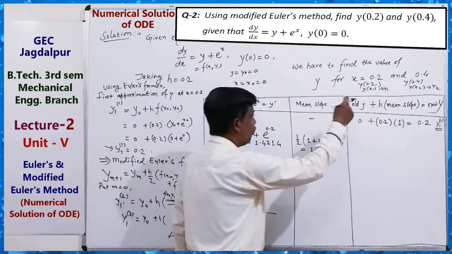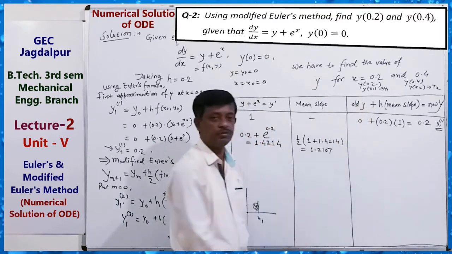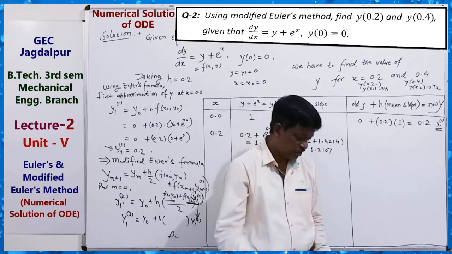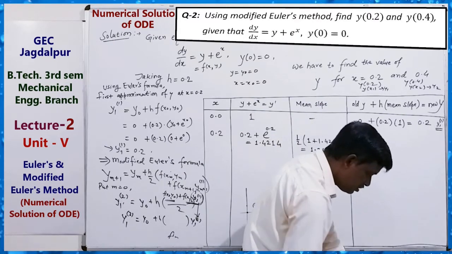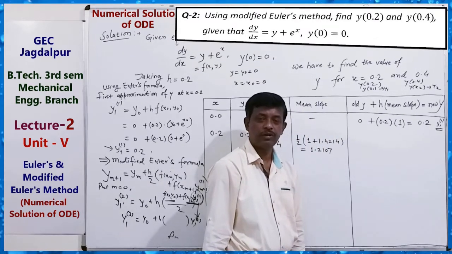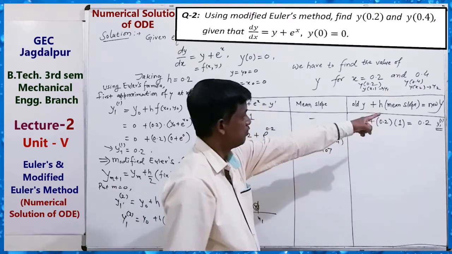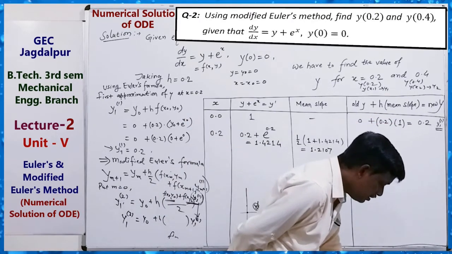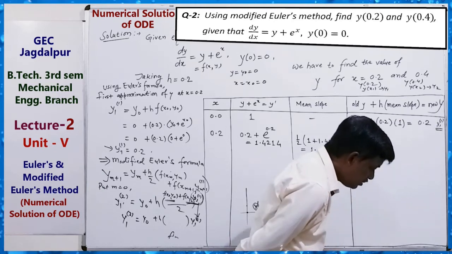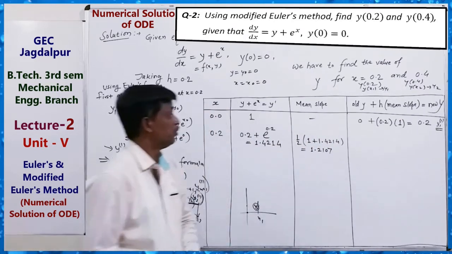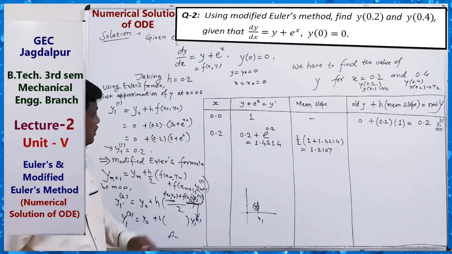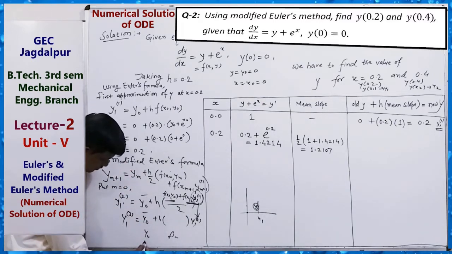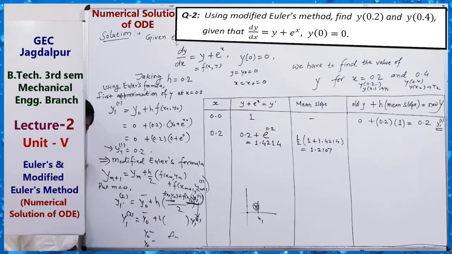And here, what is the old y? The old y is this, because we use the previous value here. Sorry, old y means this, always this.